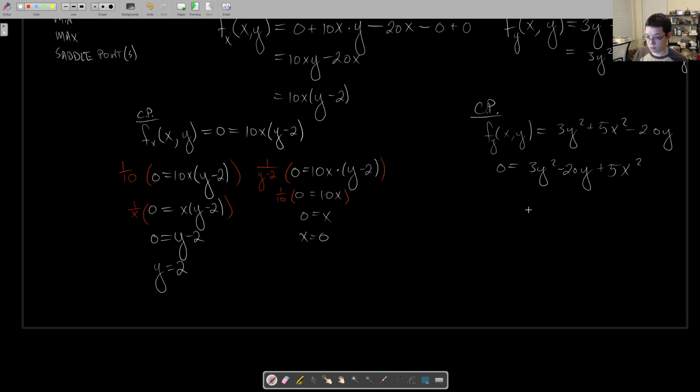So let's solve, I guess. We'll see. 3y squared minus 20y equals negative 5x squared. I just subtracted 5x and flipped the equation around. So we have y times 3y minus 20 equals negative 5x squared.